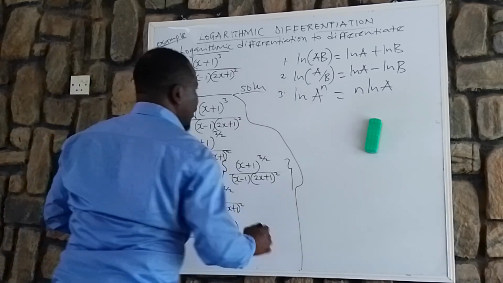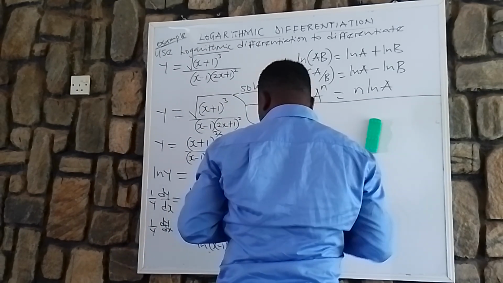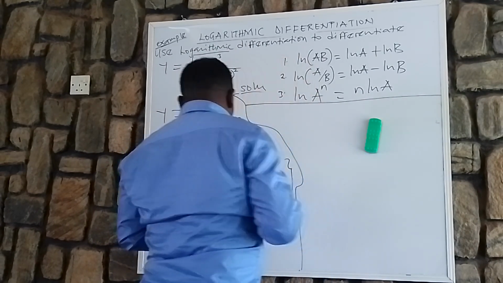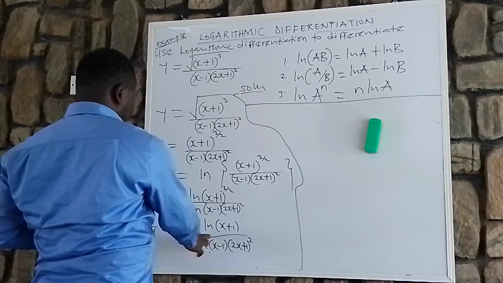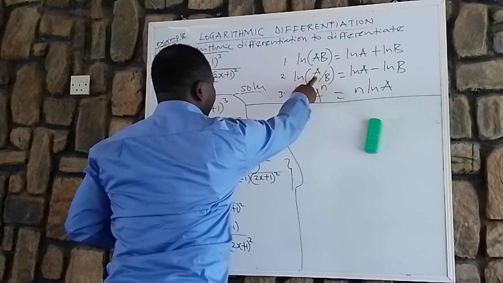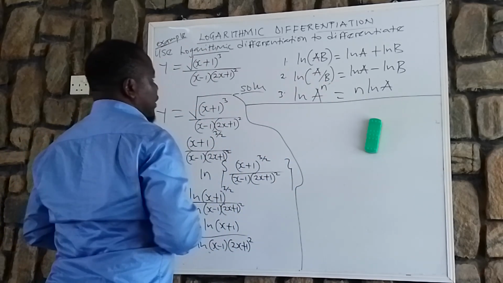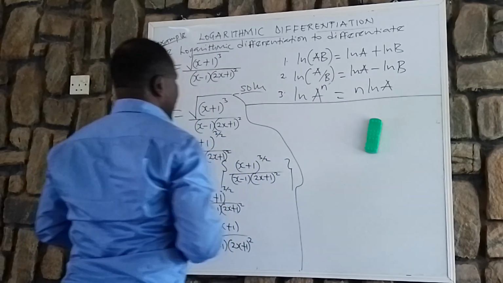True or false? So if you agree with me, now we are going to apply this law. What do we have here? Division sign, isn't it? Look at it: function A divided by function B, function A over B, that we can simplify this way.